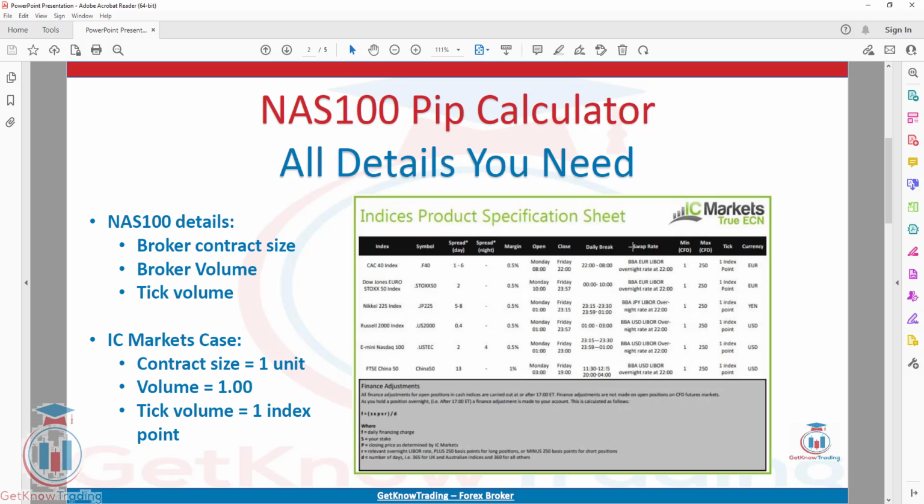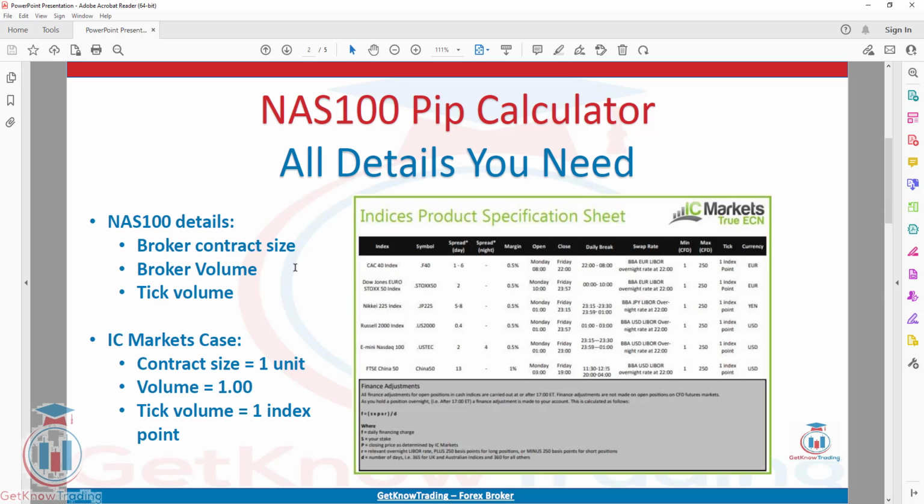If you cannot find this document on their website, you should contact their support and ask them what the NASDAQ100 contract size is. For example, here it is, E-mini NASDAQ 100, where it says that the minimum volume is 1 and the maximum is 250.